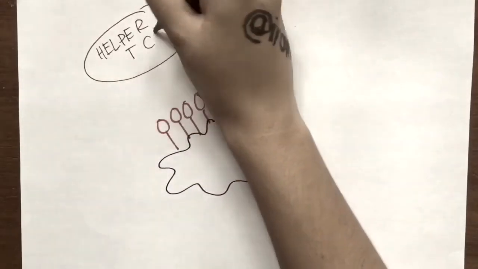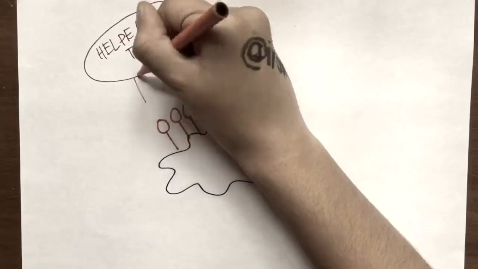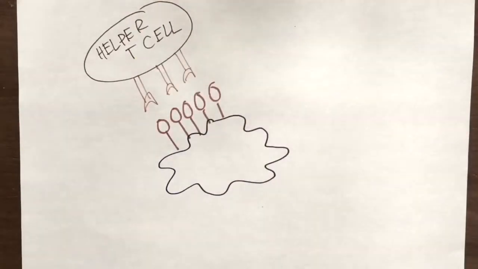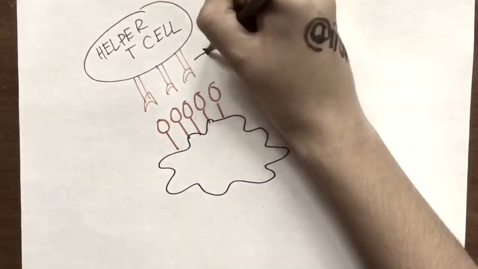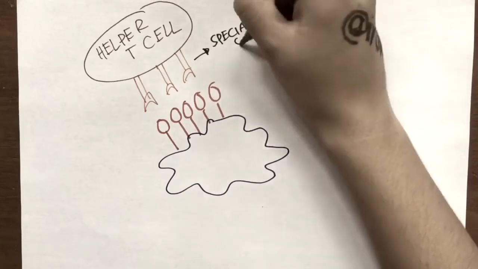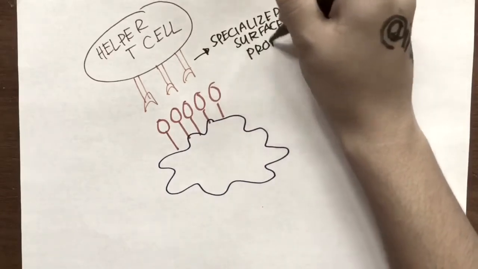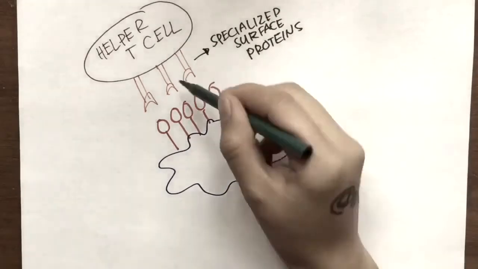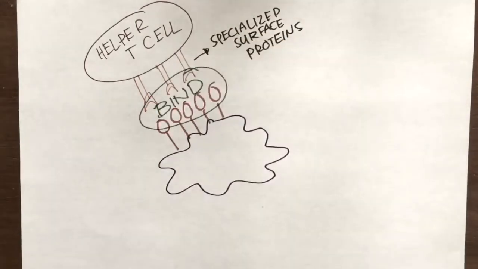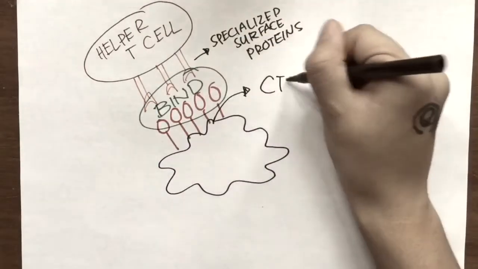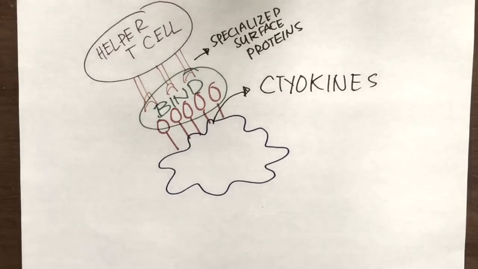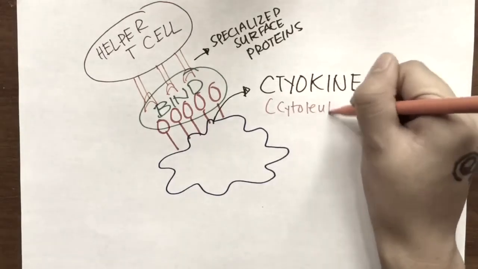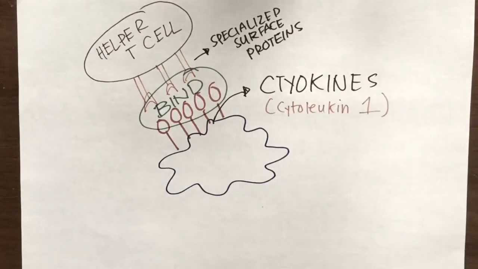Next, a helper T cell with the corresponding surface protein will bind to the antigen-presenting cell. The antigen-presenting cell releases cytokines called interleukin-1, which stimulates the T cell to release interleukin-2.